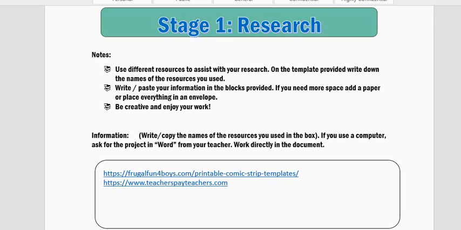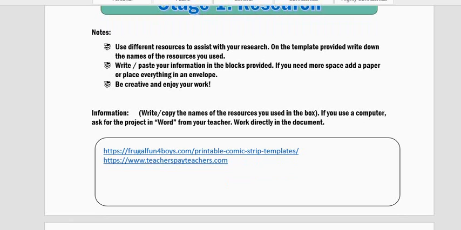Use different resources, write or paste the information in the blocks, make a mind map in which you summarize the information, could be written there, be creative. Okay, then in the PowerPoints that I've shared with you in session 2, and I'm going to share another one with you, you will find all the topics has a slide, and on all the slides you will find links.